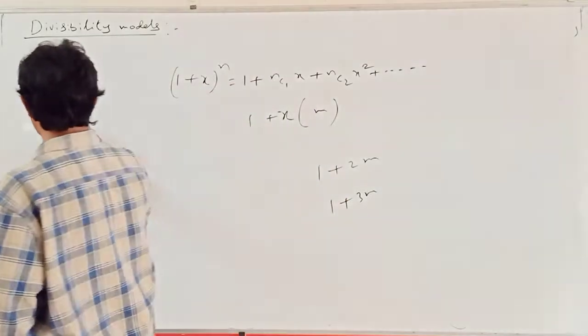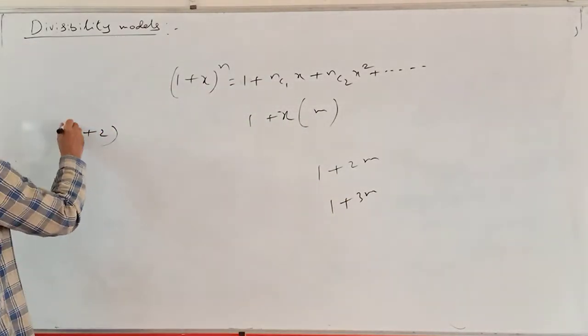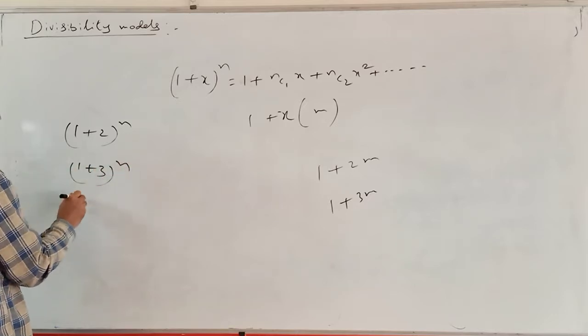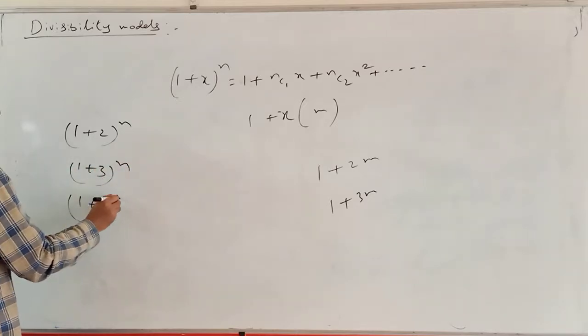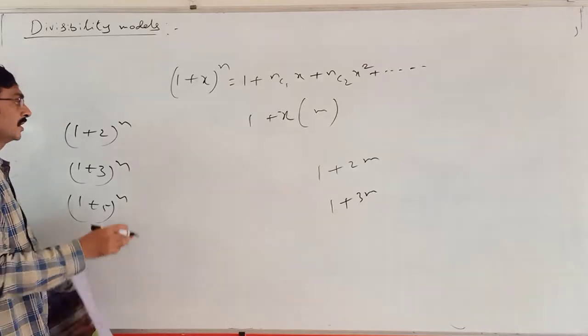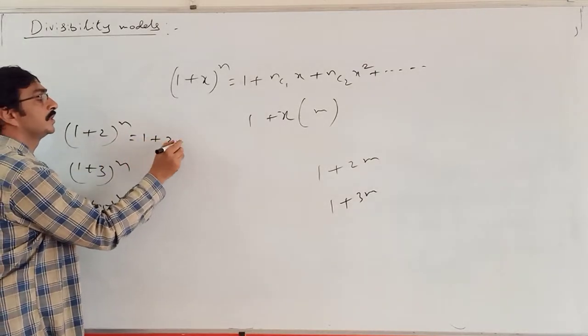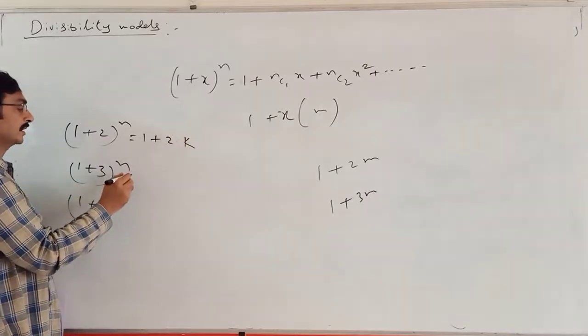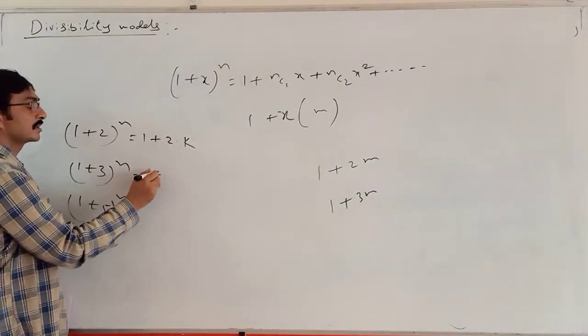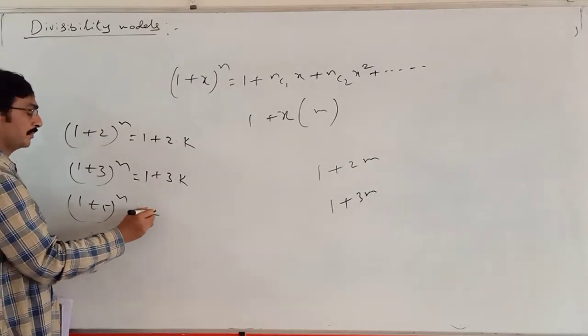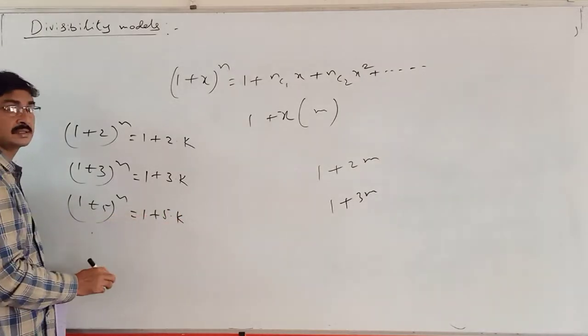So (1 plus 2) whole power n, (1 plus 3) whole power n, (1 plus 5) whole power n, etc. (1 plus 2) whole power n can be expressed as 1 plus 2 into some integer, and similarly 1 plus 3 into some integer, 1 plus 5 into some integer.